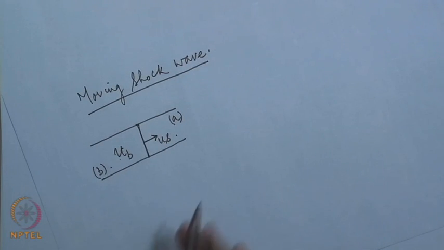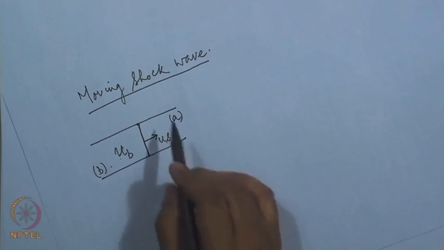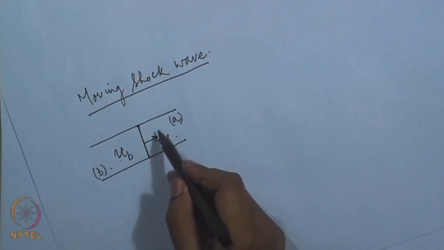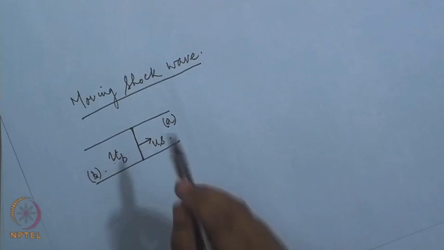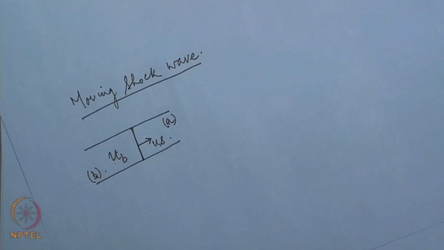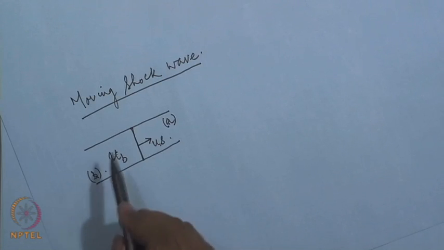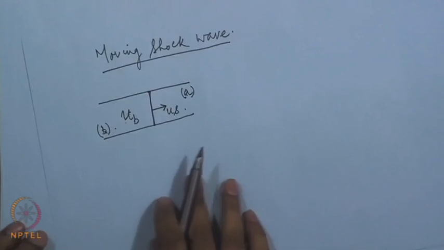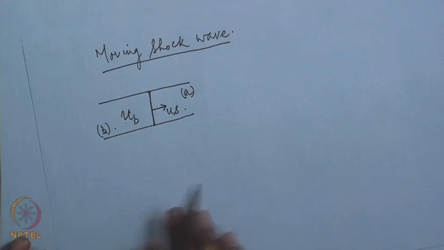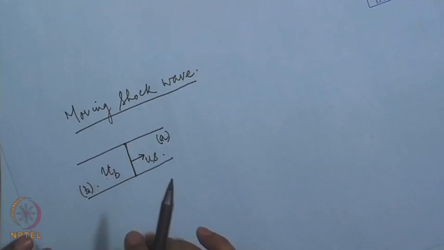We see that we cannot do that in this problem. We cannot satisfy the continuity equation between region A and region B, simply because the fluid in region A is not part of the fluid that is flowing through region B. It is always separated by this shock.